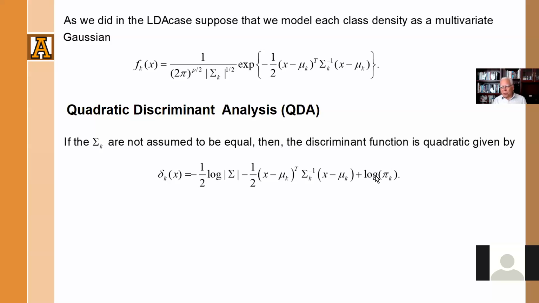Again, all we have to do is work with the densities, and we'll arrive at the discriminant function delta sub k of x equals minus 1/2 log of the determinant of sigma sub k, minus 1/2 of x minus mu sub k transpose, the inverse of the variance covariance matrix for the kth population, x minus mu sub k, plus the logarithm of the prior probability.